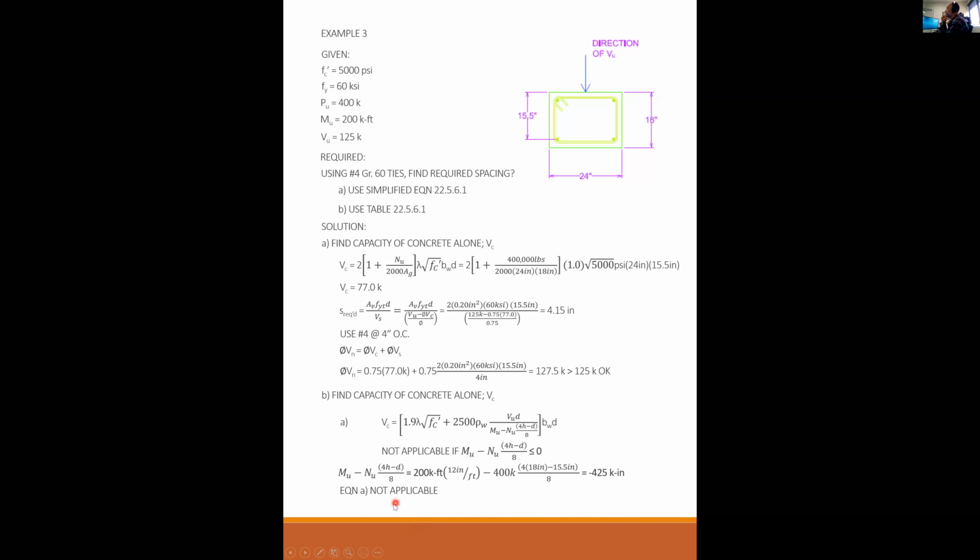Equation B. Here we have 3.5 lambda square root f prime c bw d times (1 plus Nu over 500 Ag). And I plug in all my pertinent values. Lambda's 1, 5,000 PSI, 24, 15.5, 400,000 over 500 Ag. This equals 155.5 kips.